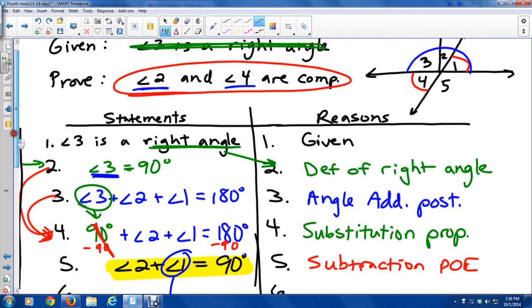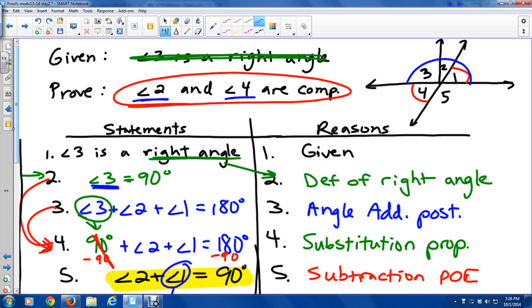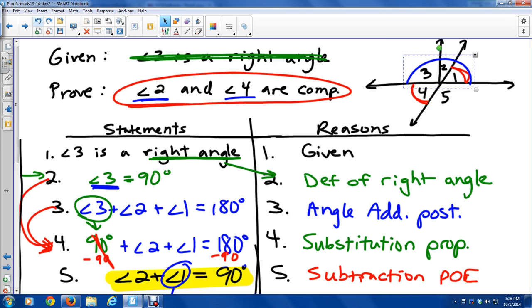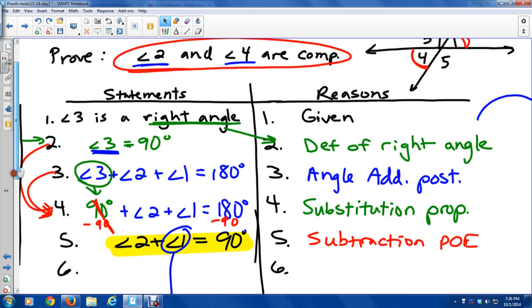They better be equal to each other. You got it. So let's go back to our picture. Do we know 4 and 1 are equal? I marked mine with arc marks. Maybe you did the same thing. Because before we observed that angle 4 and angle 1 were vertical angles. I didn't write in my proof yet.